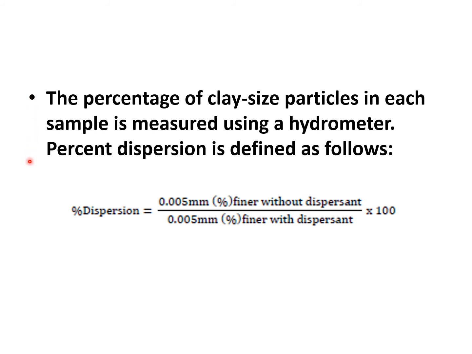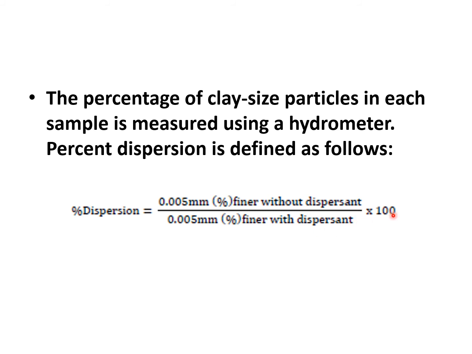Percent dispersion is defined as, so look at the formula. Percentage dispersion equals the 0.005 millimeter percentage finer without dispersant, divided by the 0.005 millimeter percentage finer with dispersant, multiplied by 100.